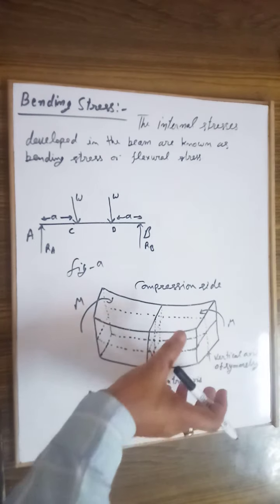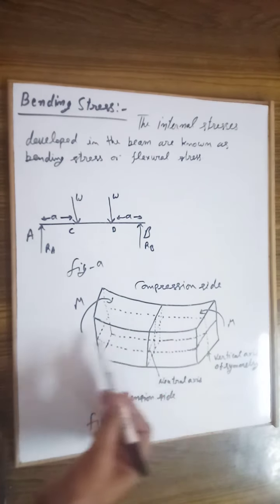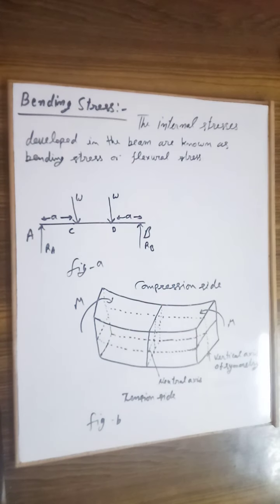So in between these two surfaces we will consider a particular surface in the middle of the beam. That axis will be known as the neutral axis, and the surface is known as the neutral surface. Okay, so where the neutral surface is, the stress is zero.